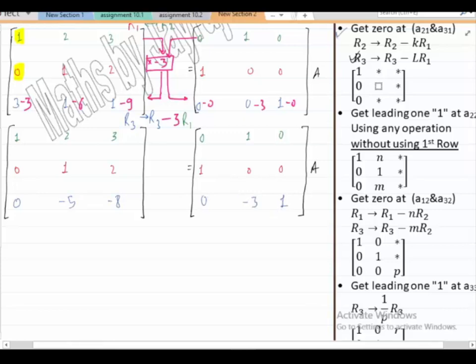So we complete this step and we already have the leading one at the A22 point.